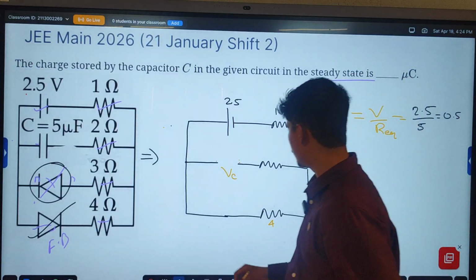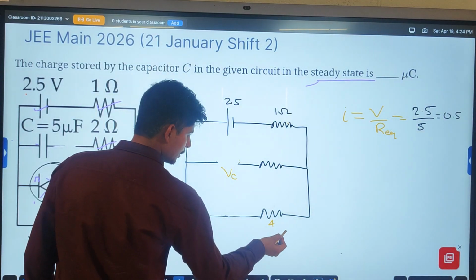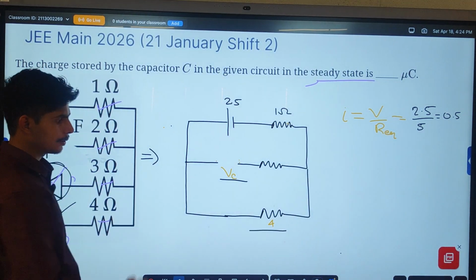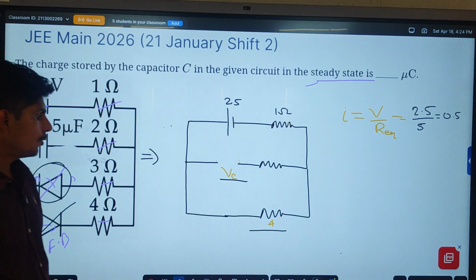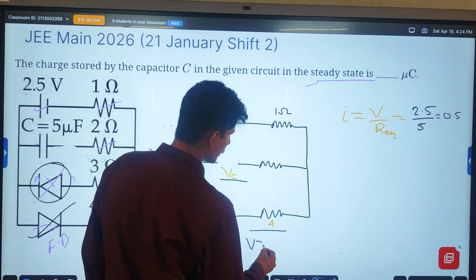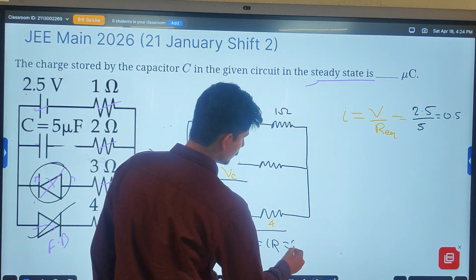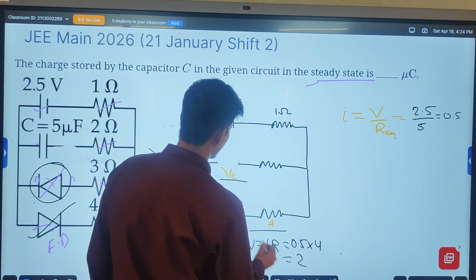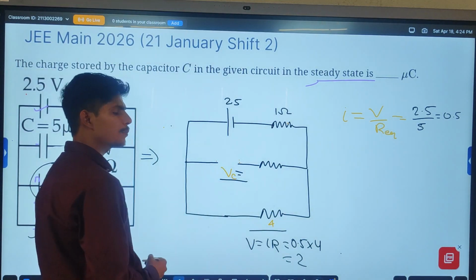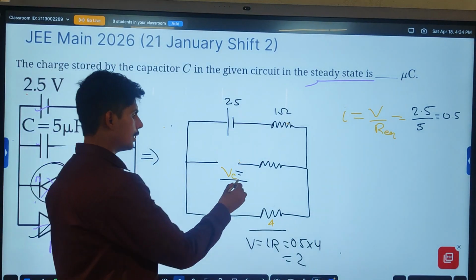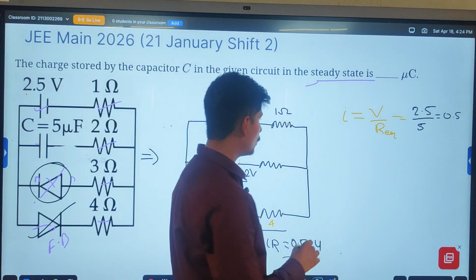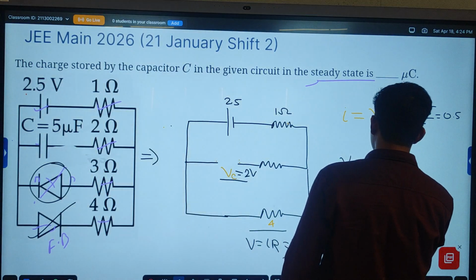And we know that the potential across the 4 ohm will be equal to that across the capacitance because both are in parallel. So the potential is I into R. I is 0.5 and R is 4, which is 2. So the voltage across the capacitance is 2 volt.